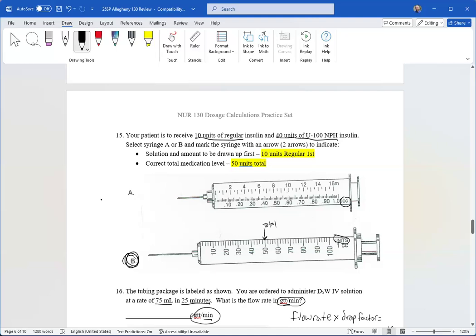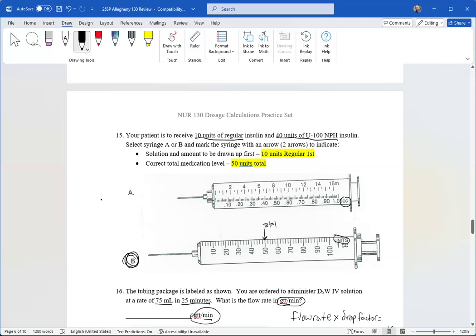Now, the next question is where does the insulin mark go? Instinctively, you want to put it on the 10 because you drew it up. But what they're asking you is, let's just say physics didn't apply and we filled up the syringe, where would the 10 units of regular insulin be?